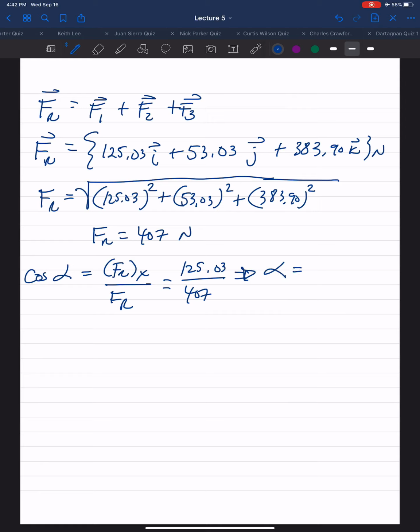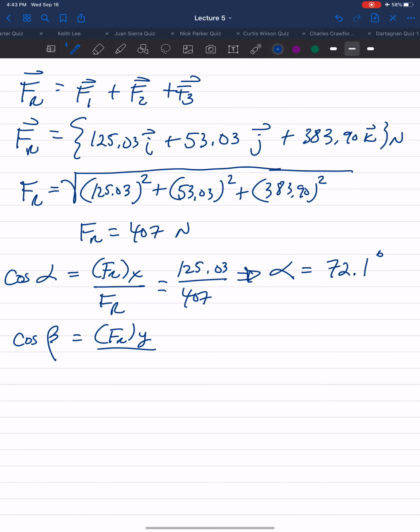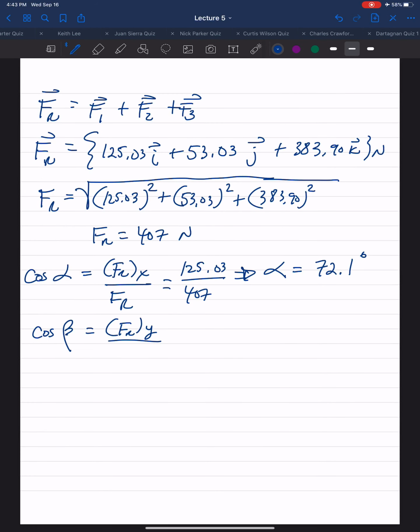Angle alpha, after you do the inverse cosine. Cosine beta, the y component of the resultant force. Angle beta using the inverse cosine.